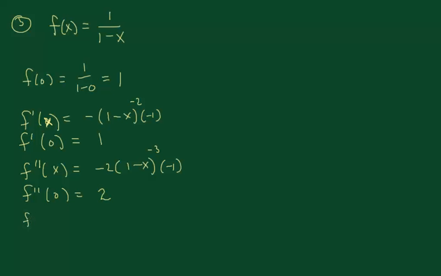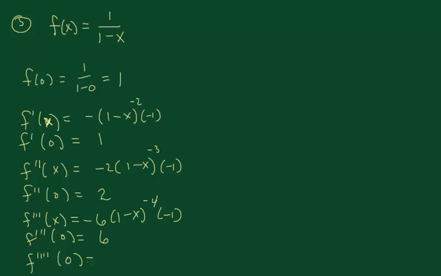Let's take a look at f triple prime of x, which is going to be negative 6 times 1 minus x to the negative 4 power times negative 1, chain rule. f triple prime at 0 then comes out to be 6. It goes 1, 2, 6. I don't know if you can guess what the next one's going to be, but the fourth derivative at 0 comes out to be 24.